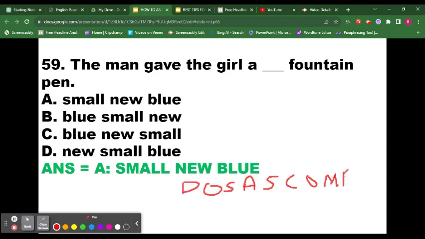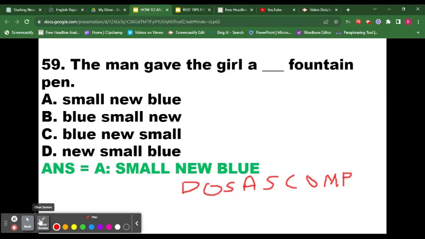I call this acronym DOSASCOMP. D for determiner. Determiner comes first. O for opinion adjectives. Then S for size. A for age. Another S for shape, and then C for color, then O for origin, M for material, and P for purpose.